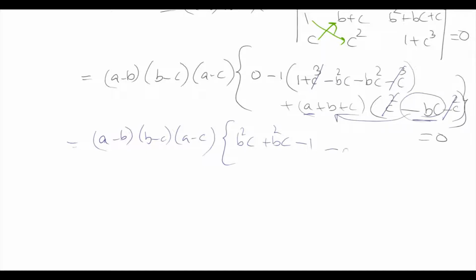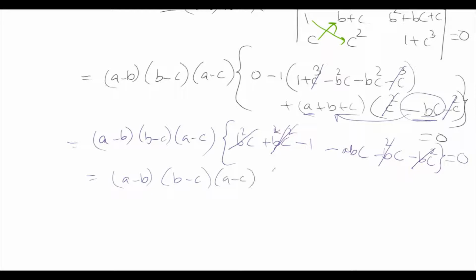So minus ABC minus B square C and minus BC square equals 0, plus B square C minus B square C plus B square C, this is BC square, plus BC square minus BC square gets cancelled, and at last what I have is A minus B into B minus C into A minus C into minus 1 minus ABC equals 0.